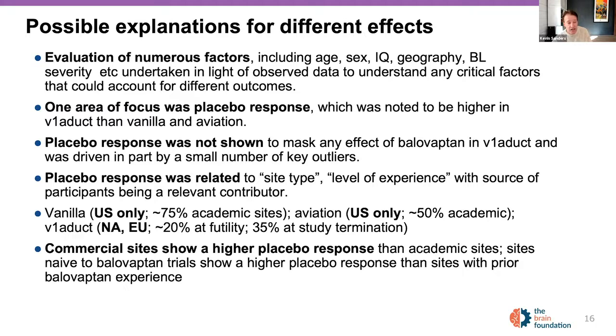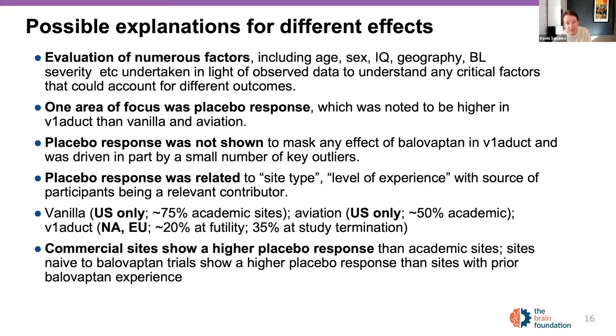Another breakdown in site type that I'll mention is the academic versus commercial sites. Early on in our phase 2 study, we had a much higher proportion of academic sites versus the phase 3 trial. And the reason behind this is that, as you may know, the academic sites tend to get up and going much slower than the commercial sites.